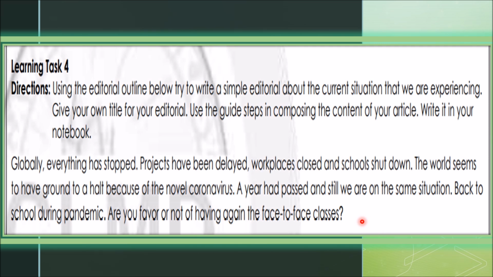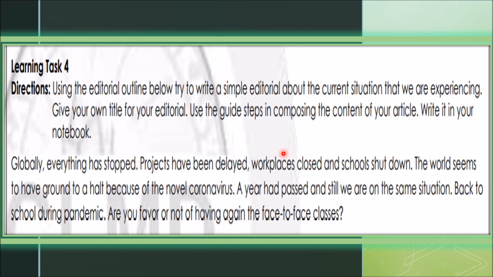So, ano daw ang gagawin niyo? Ulitin ko ha. Gagawa kayo ng editorial outline below. Tapos, try to write simple editorial about the current situation tulad nito. Tapos, gagawa rin kayo ng title, pamagat. Halimbawa, ang pamagat ng gagawin nyo ay, for example, COVID-19.